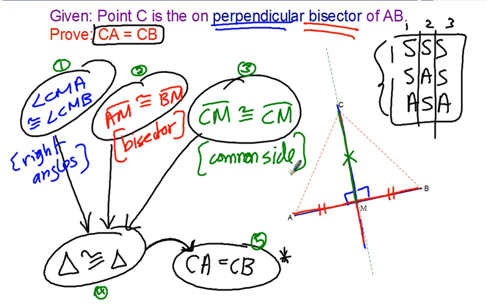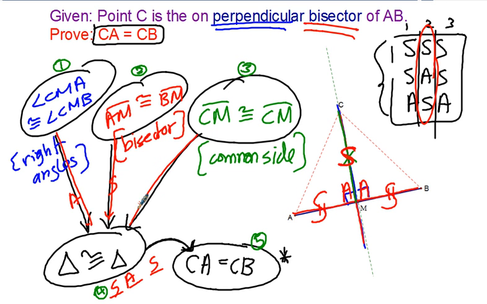And with that, once again, we have side, angle, side, matching side, angle, side, and so the triangles are congruent by side, angle, side, and I'll make a note of that here. Why are they congruent? By SAS. The angle is actually between the two sides in the diagram, so it's SAS.